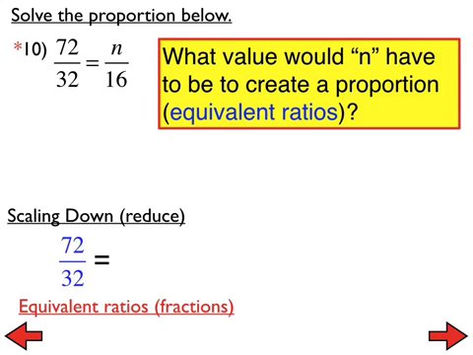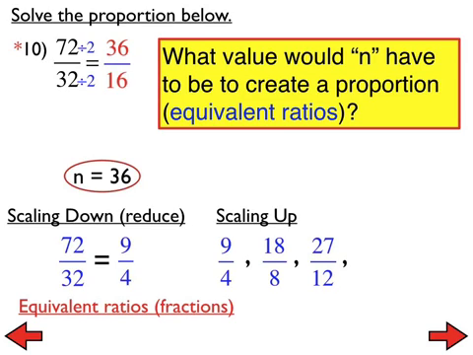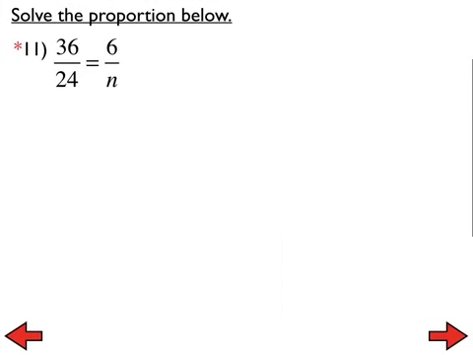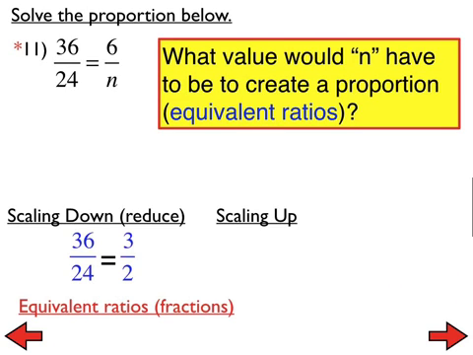Scaling all the way down gives you 9 over 4, and then scaling back up until the bottom is a 16 gives you 36. Or 32 divided by what is 16? Divide by 2, so the top and bottom both have to divide by 2 to get 36. Here's number 11. Scaling looks like this, all the way down, then back up, or divide by 6.